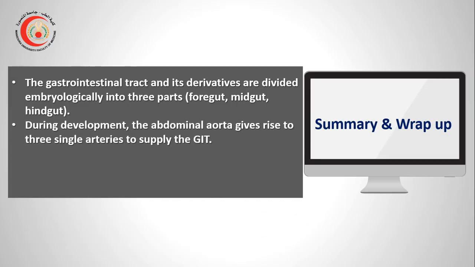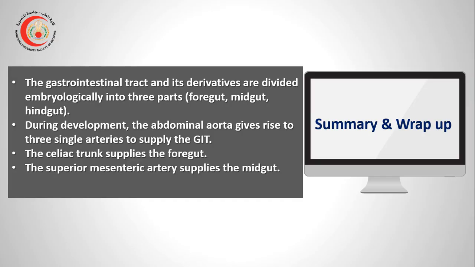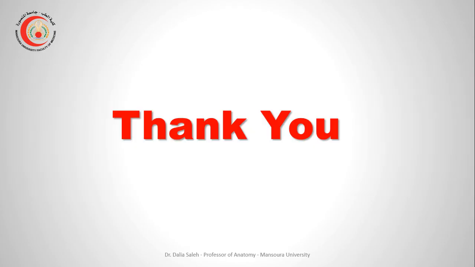During development, the abdominal aorta gives rise to three single branches from its anterior aspect. These branches will supply the GIT. We have the celiac trunk for the foregut, the superior mesenteric artery for the midgut, and the inferior mesenteric artery for the hindgut. This is the end of my presentation.